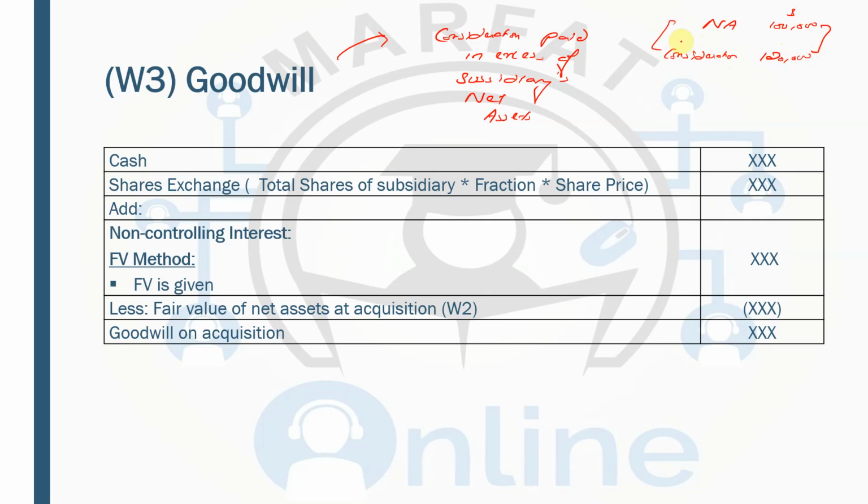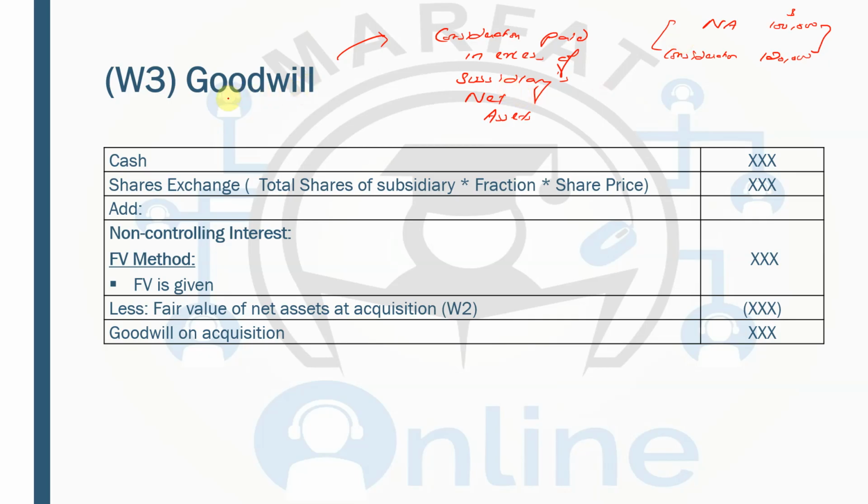And we have already studied why the parent will be giving the extra payment to the subsidiary. This is because they may have a good customer base, a good strategic location, key staff members, competence, capabilities, intellectual properties. Due to any reason, we are giving them the premium, or they are charging us the premium.